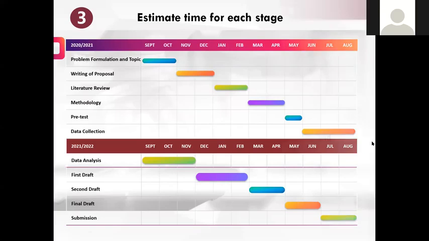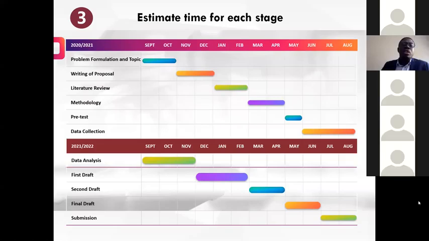So in this particular instance, the candidates will start from 2020, 2021, then 2022. So from 2020 to 2022, I guess the candidate has already finished with the coursework and is now focusing on the research. So the problem formulation and topic will take 2 months, from September to October. Then the writing of the proposal up to December, then the literature review, followed by the methodology.